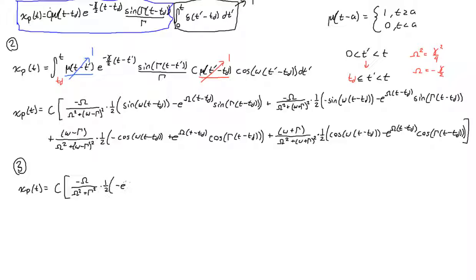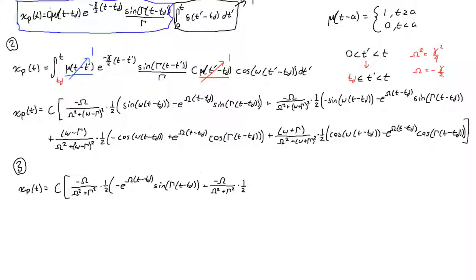We'll have minus exponential t minus t sub d, and we'll have sine gamma t minus t sub d, and then we'll have plus negative, and then omega squared gamma squared times 1/2.